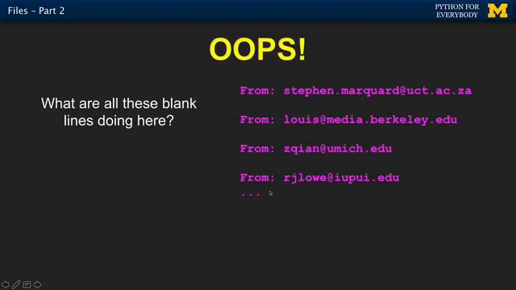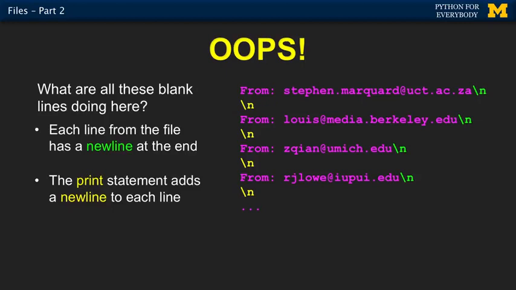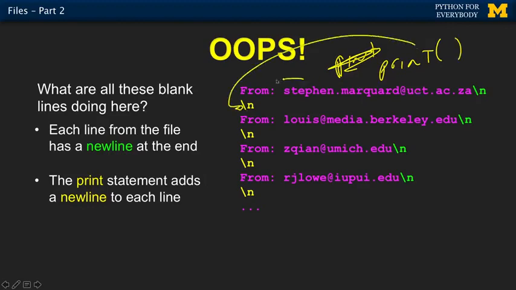It turns out that the print function, as I mentioned before, adds a new line. Actually, I'm pointing at the wrong new line. The print adds a new line, this new line right here, but when we read the string from the file, the string has the new line at the end.